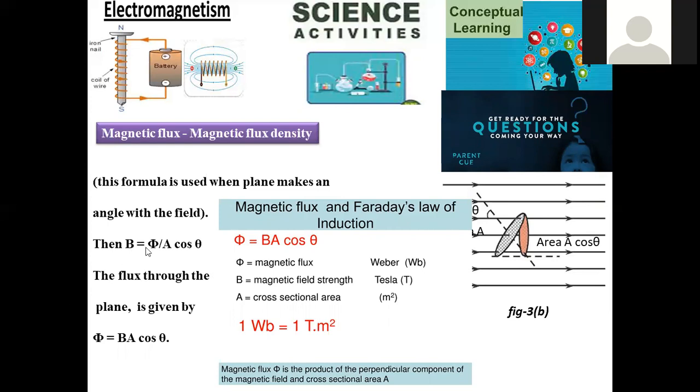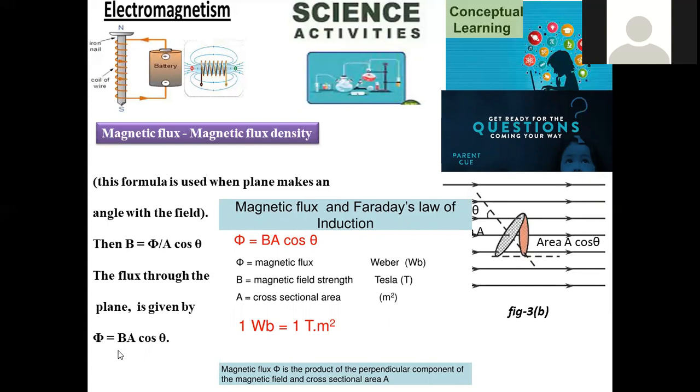It can be represented as B is equal to phi by A cos theta. A is now replaced with A cos theta. Theta is the angle at which this sphere was inclined.